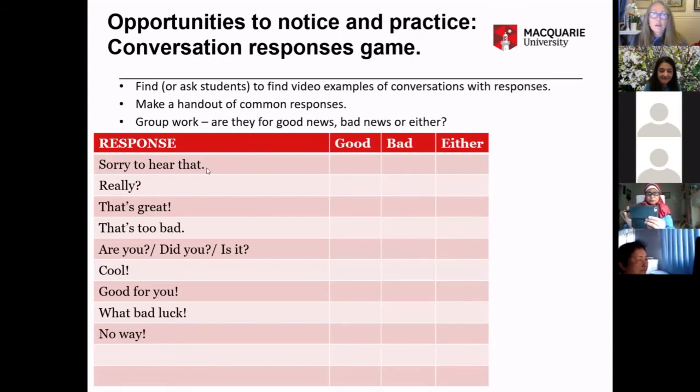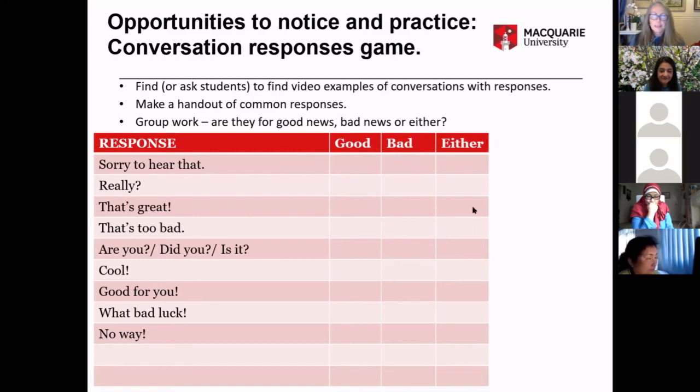The response, sorry to hear that, is appropriate with that. And it's appropriate with bad news. So in this activity, you would give the students a list of responses in your own language and get them to say, is it for good news? Is it for bad news? Or is it for either? And you'll be able to make some responses that are appropriate to the levels of your students. Right? And that gives them the chance to notice that.